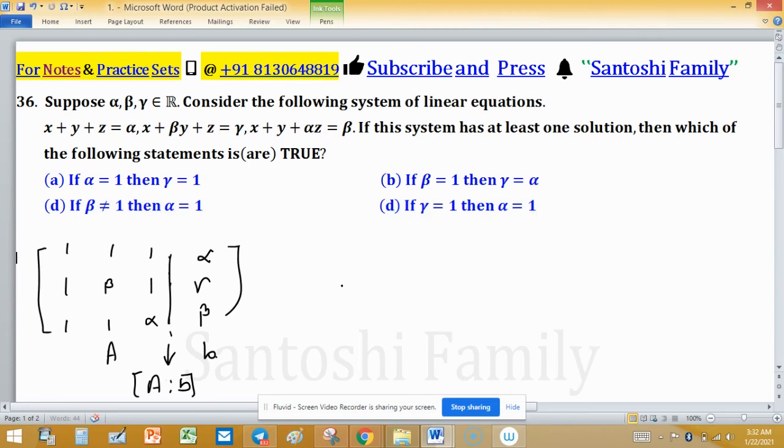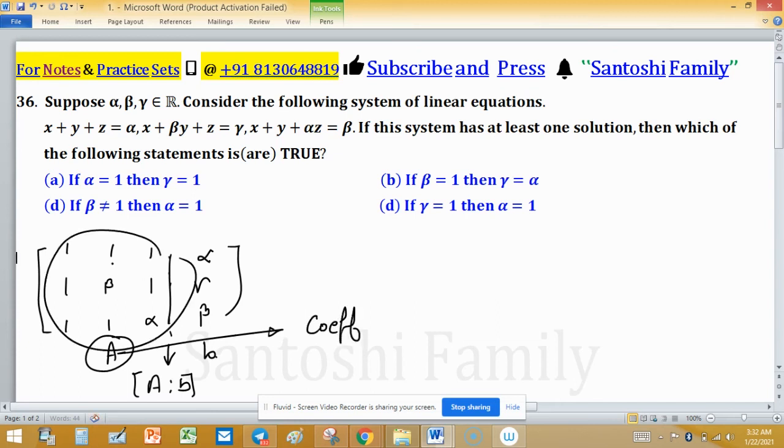A system has a solution if the coefficient matrix, this matrix A, is known as the coefficient matrix because here the numbers are coefficients of the variables x, y, z. So for coefficient matrix A, its rank should be equal to the rank of the augmented matrix.